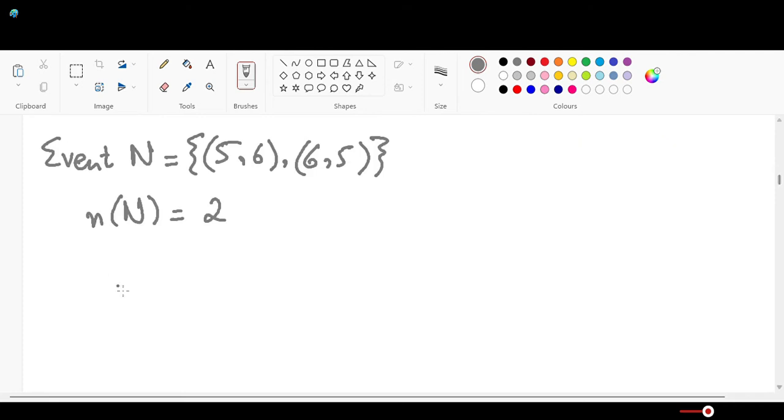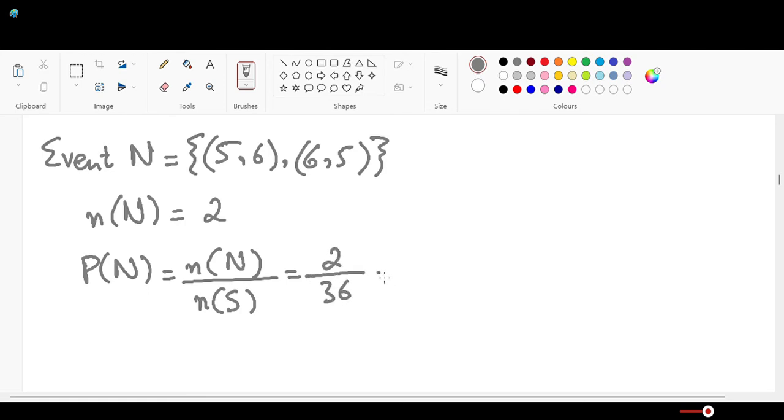The probability of event N taking place is equal to the number of elements in event N divided by the number of elements in the sample space S. So that's 2 over 36, and 2 can divide that: 2 ones are 2 and 2 eighteens are 36, so we get 1 over 18.